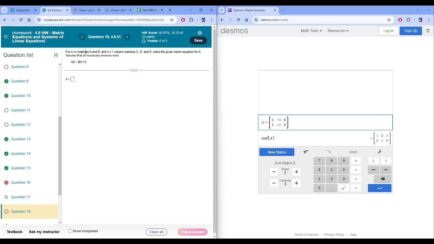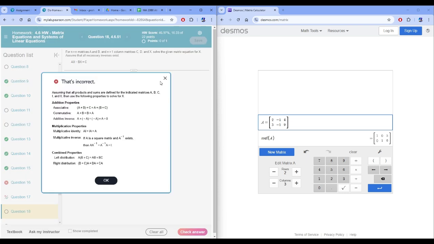For n by n square matrices and n by 1 column matrices C, D, and x equals. Whoa, so they both have an x. I think this would be C, a minus b to the negative 1. Oh, man.